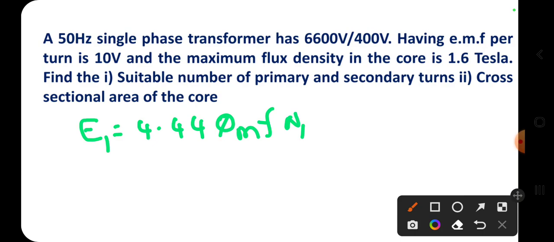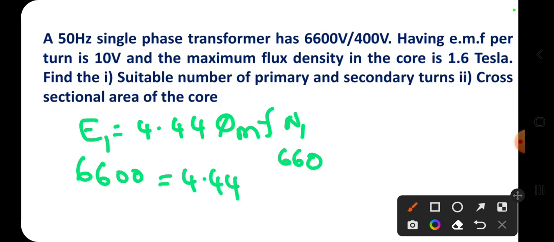Yes, we know that N1 is 660, E1 is 6600, then 4.44 phi m, where phi m is B into A, into f into 660. Now find out what A is.